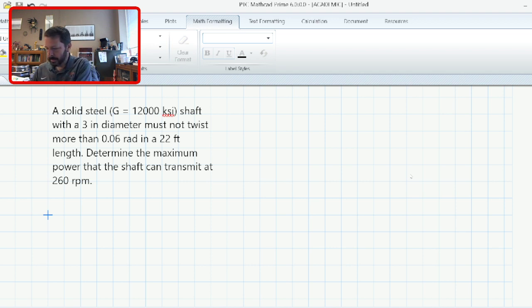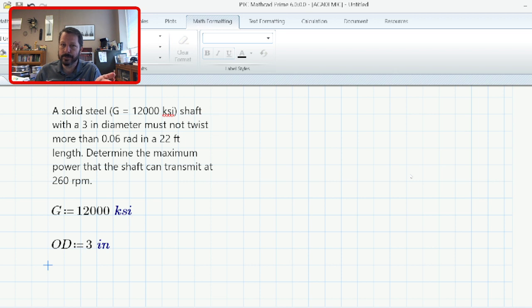All right, so let's say G is 12,000 KSI. Whoops, I erased it. There we go. OD equals 3 inches. You could just use lowercase d, but this one doesn't have an inner diameter, so it doesn't need the OD part to distinguish between the two.